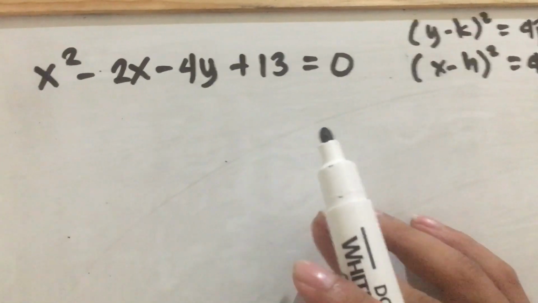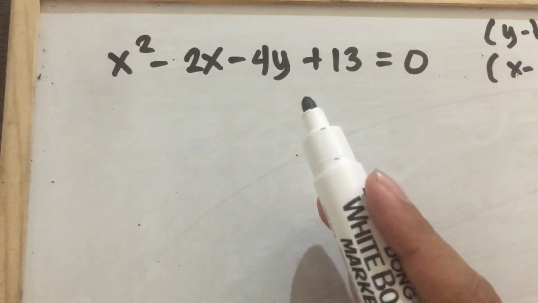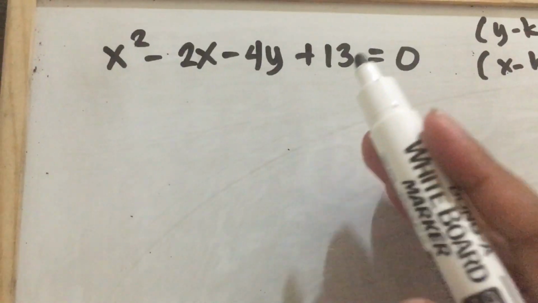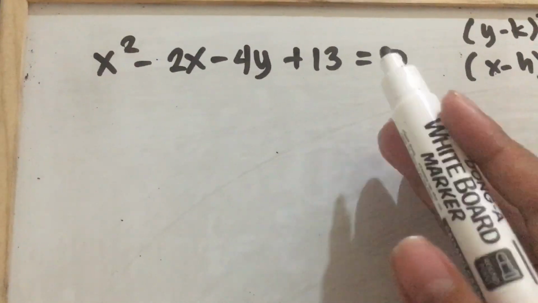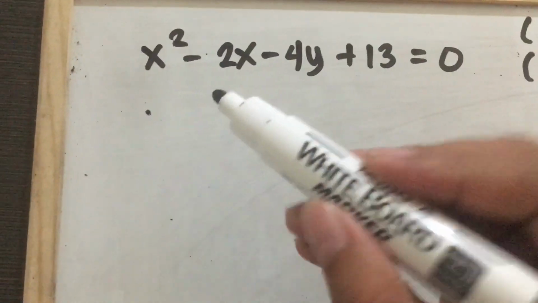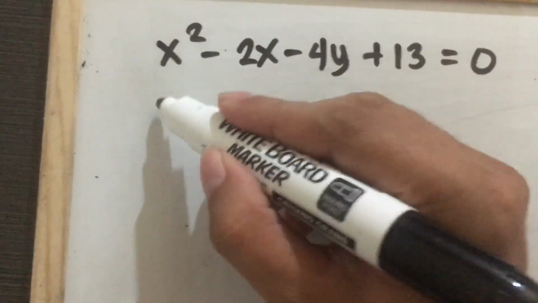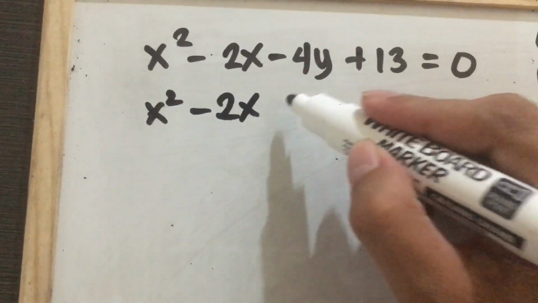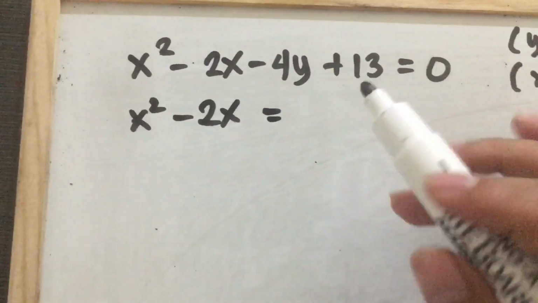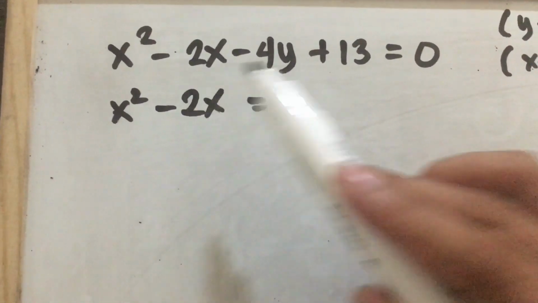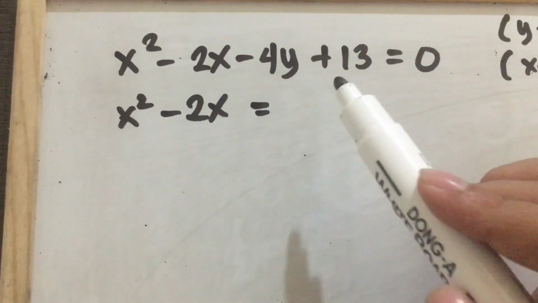Our first step is to combine all the same variables at the left side and the other variable and the constant in the right side. So your x squared and x will be at the left side. So you have here x squared minus 2x equals, again, all the other variables except for those not the same are in the right side as well as the constant number.